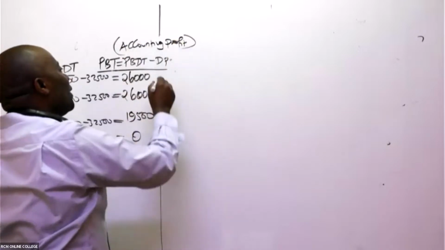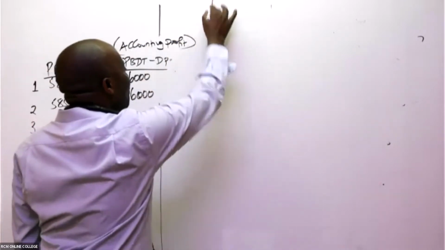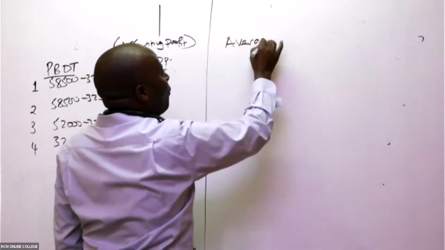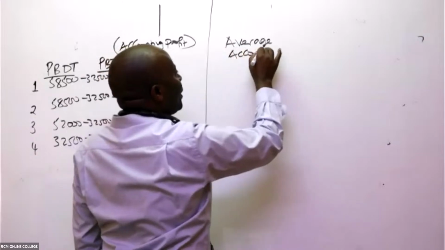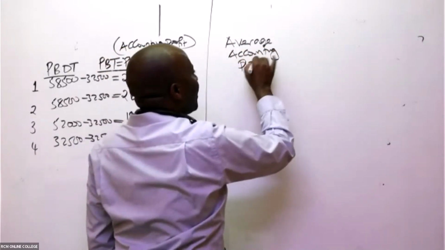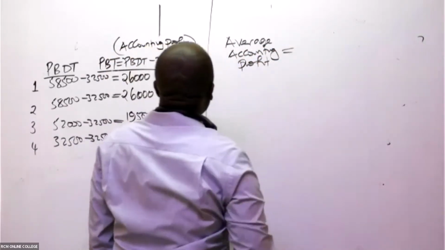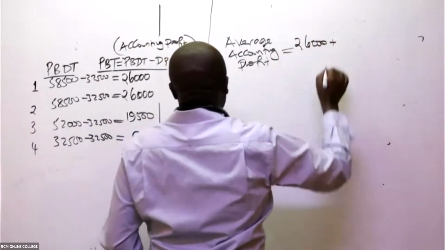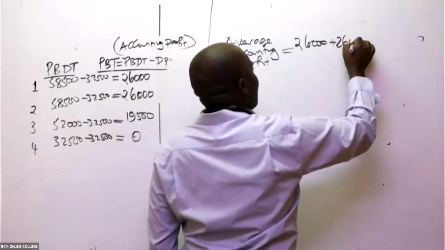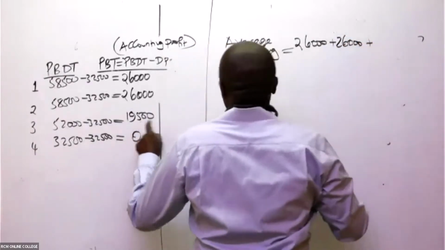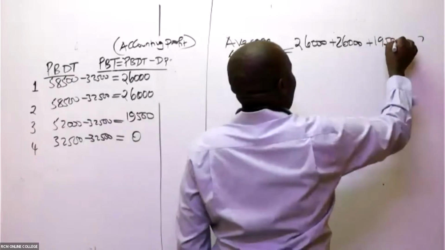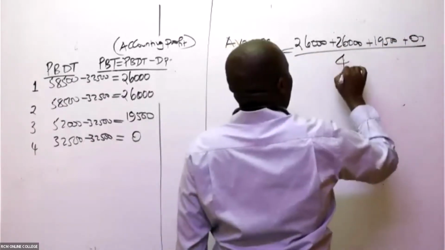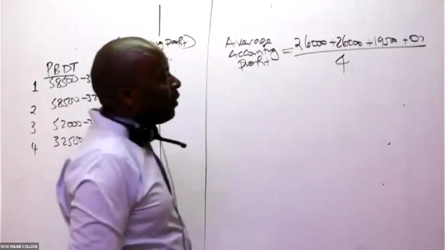Once you give me these accounting profits, remember in the numerator, I need to average them. So give me the average accounting profit, which will be 26,000 plus 26,000 plus 19,500 plus 0, divided by 4 years.